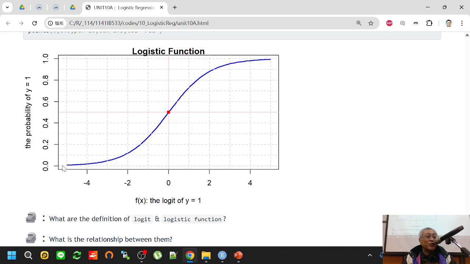When it is below minus 5, the probability is very close to 0. When it exceeds positive 5, it is approximately equal to 1.